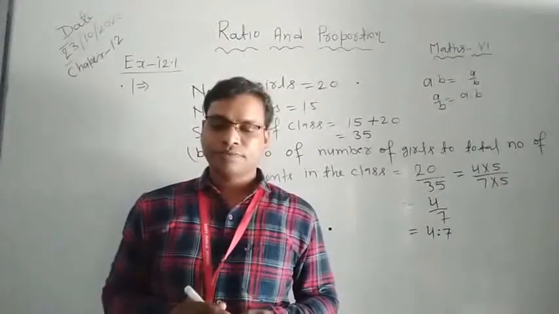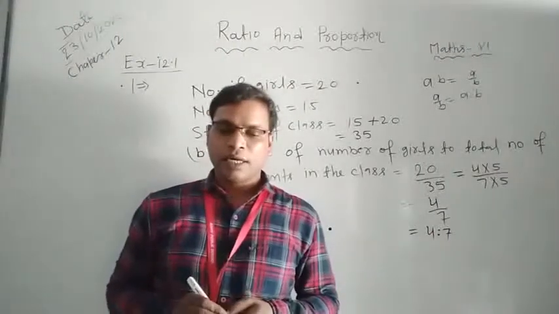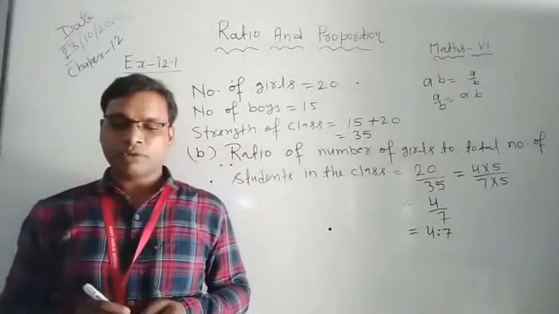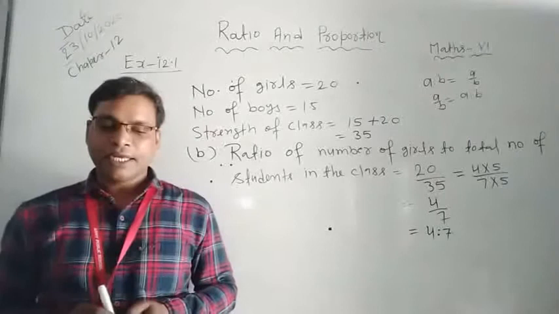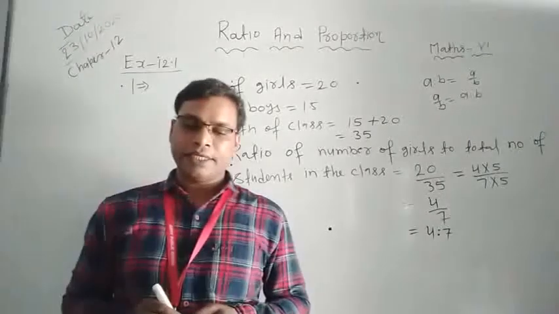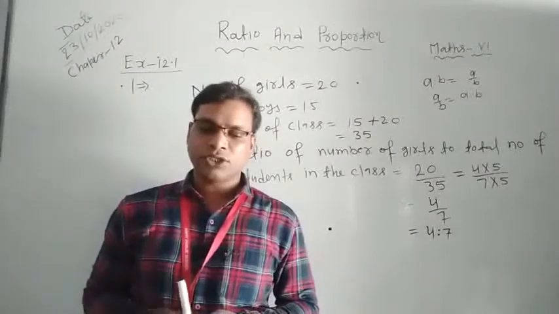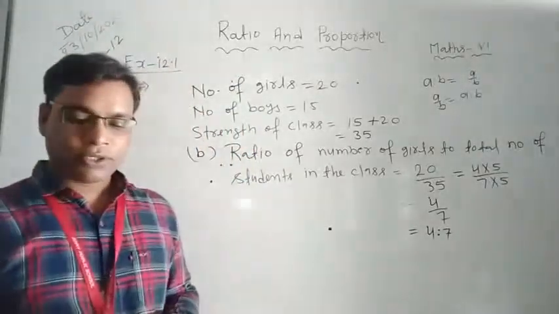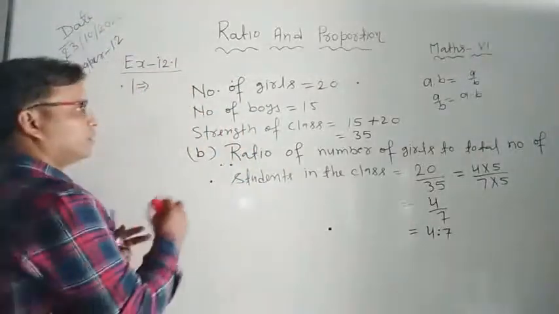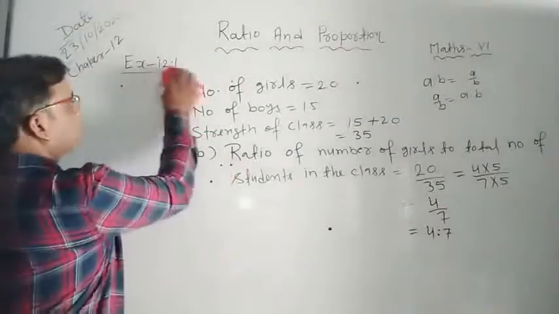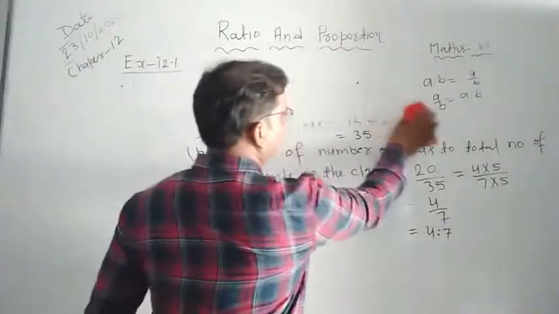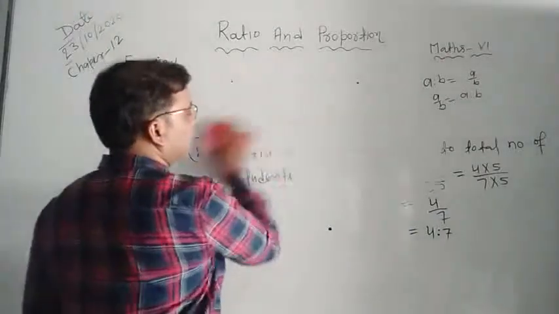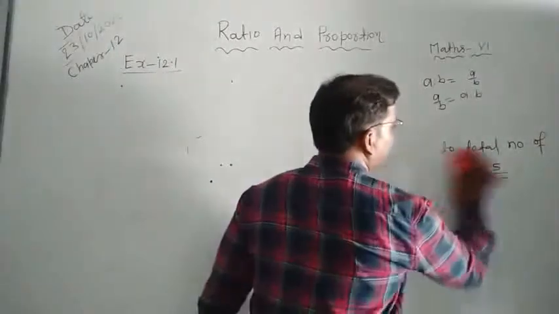Question number 2. It is given that out of 30 students in a class, 6 like football, 12 like cricket, and the remaining like tennis. Find the ratio of. First, write the total number of students. In this question, it is given that the total number of students is 30.